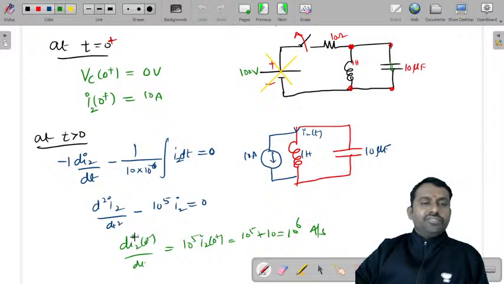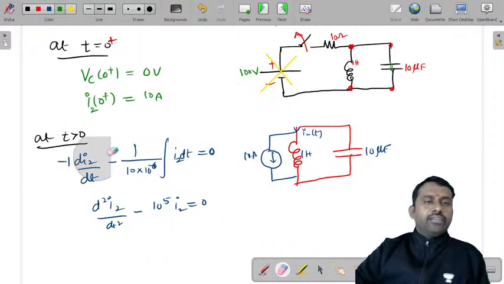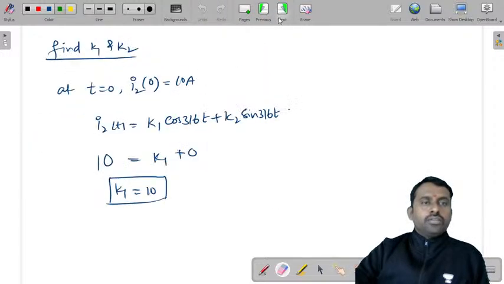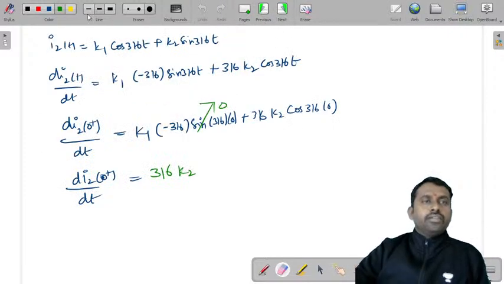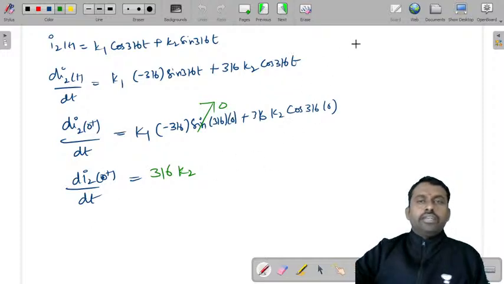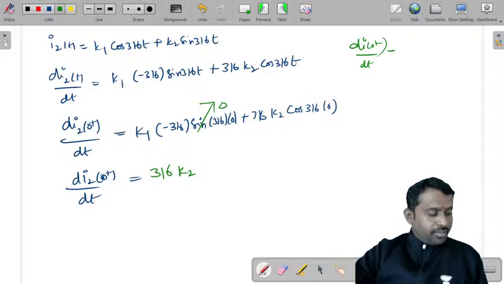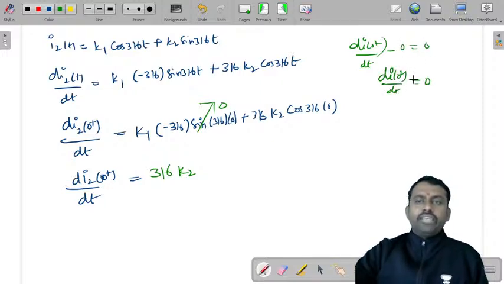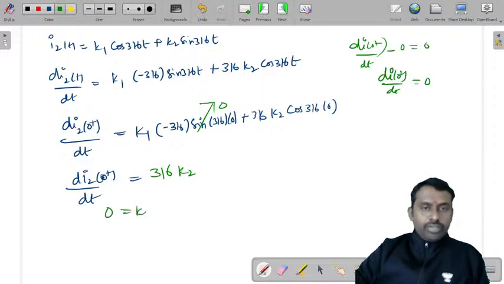But we need to find di of 0 plus by dt. Once you substitute that, you'll get di of 0 plus by dt minus 0 is equal to 0. That will give you di of 0 plus by dt value as 0. So 0 is equal to 316 K2, therefore K2 value is 0.